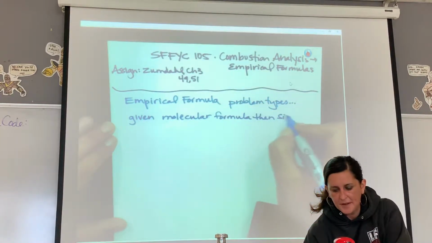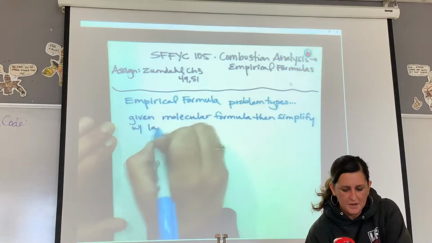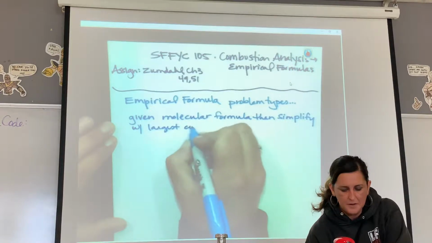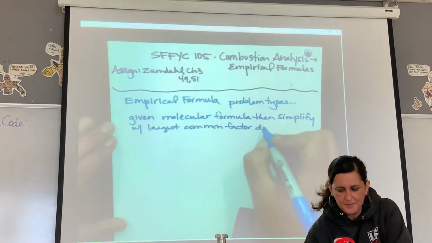The first type of empirical formula problem is if you're given the molecular formula, then you just have to simplify with the largest common factor division.